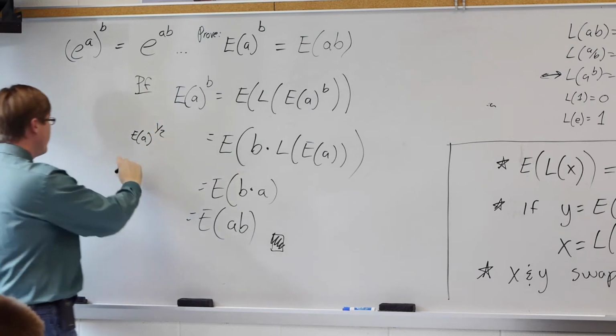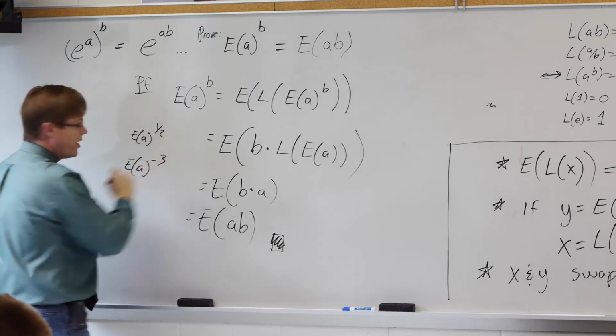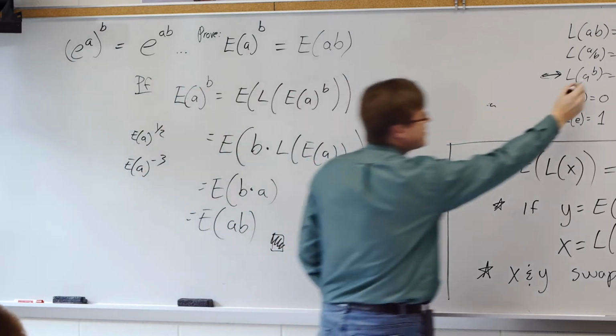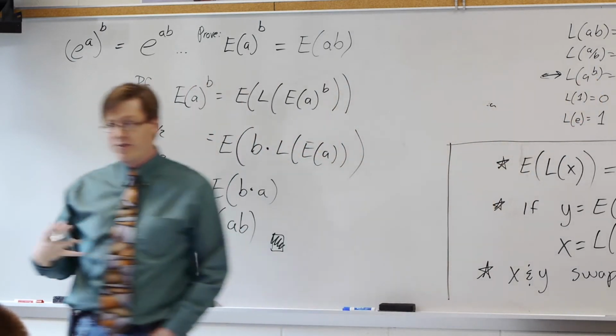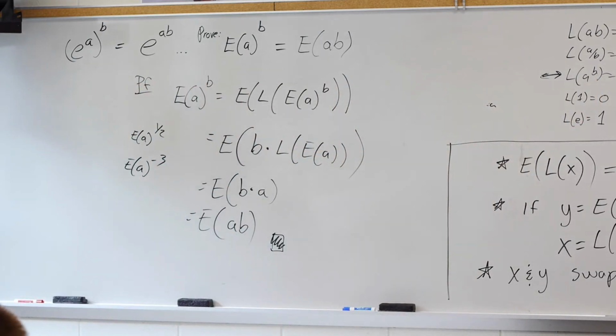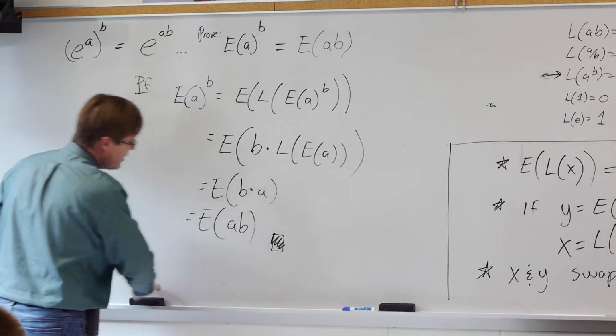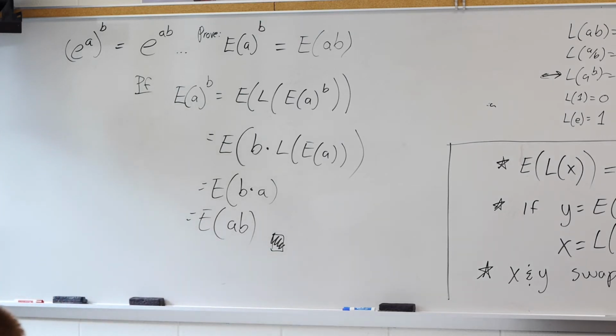That's valid, or e of a to the -3. Just because L is only defined for positive numbers, I didn't ever use that here, because a to the b could still be negative and that still be valid. So this property works really for almost all a's and b's. So it's a very powerful property.